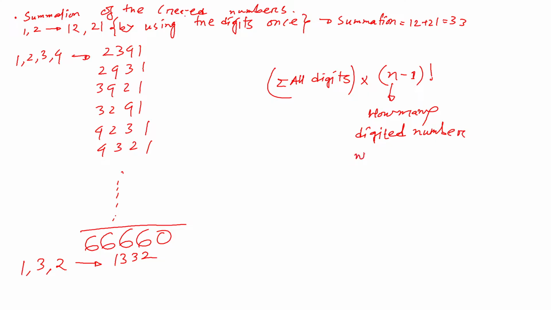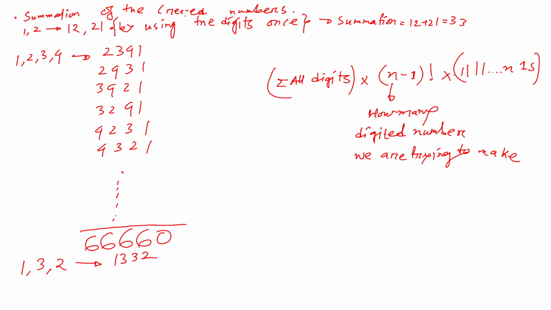And lastly, multiply it with 1 1 1 1, in ones. If I want to create the summation of 4-digit numbers, then we will use 4 ones. If I want the summation of 3-digit numbers, we will use 3 ones.